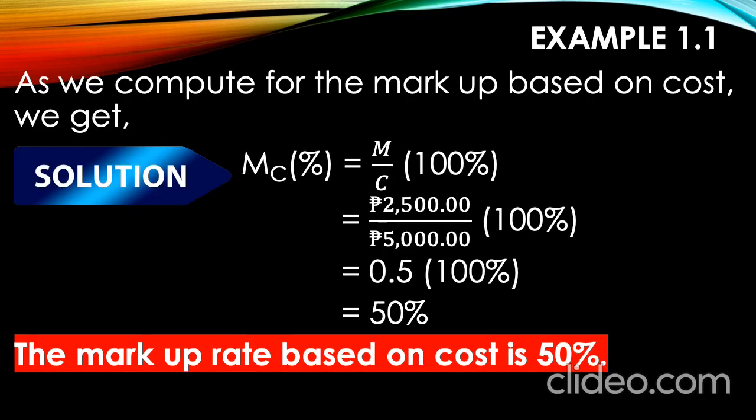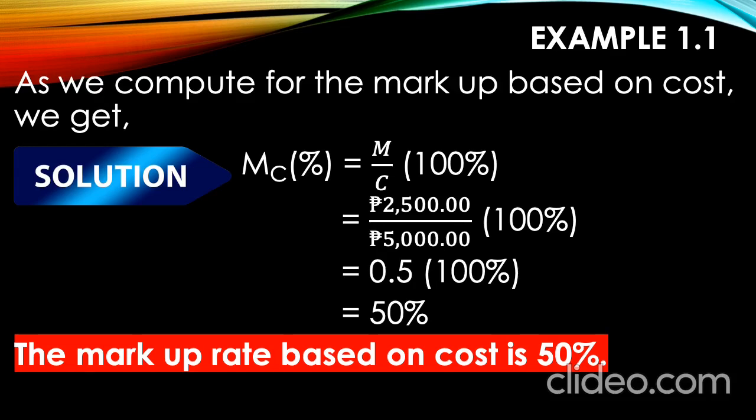As we compute for the markup based on cost, we get this solution. Markup based on cost is equal to markup over cost times 100. So our markup is 2,500 and our cost is 5,000 pesos. So 2,500 divided by 5,000 pesos is equal to 5 tenths.